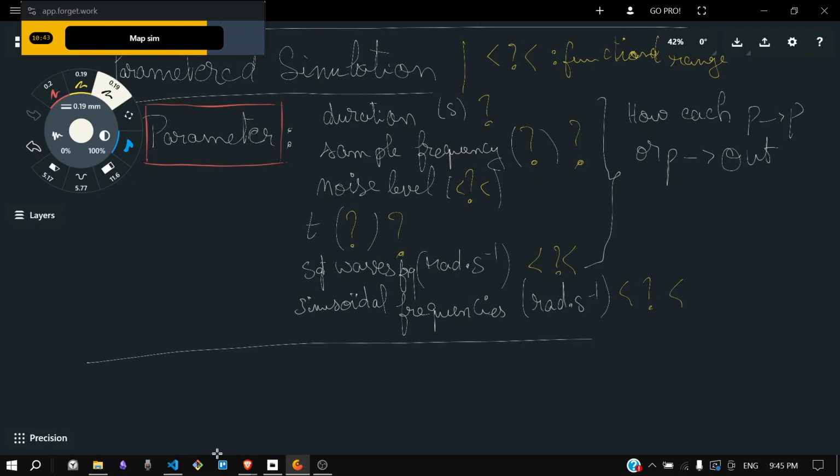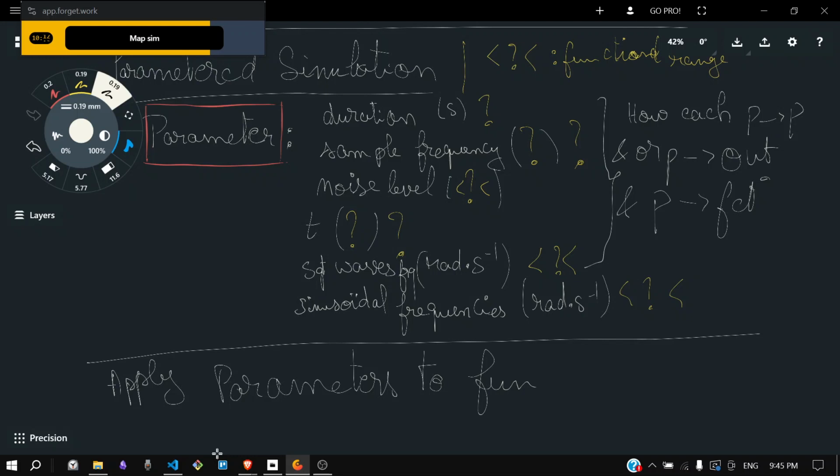So after that, there's just apply parameters to functions, and how parameters affect functions.